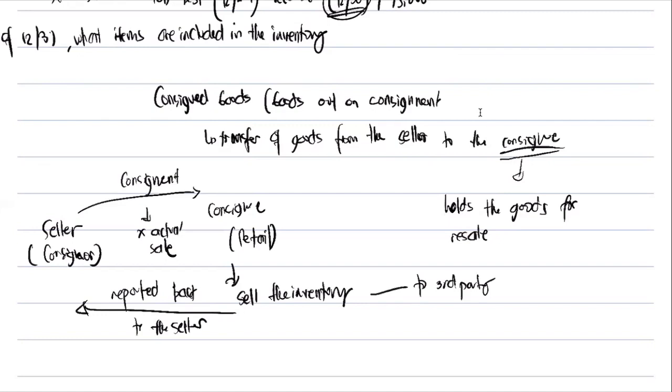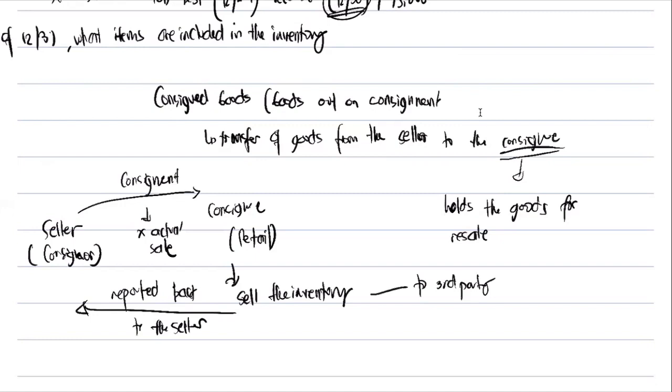So in short, there was no sale at all. It was only a transfer of inventory. And since there is no sale, there is no transfer of risk and rewards, because the seller still assumes all the risks and rewards in a consignment agreement.